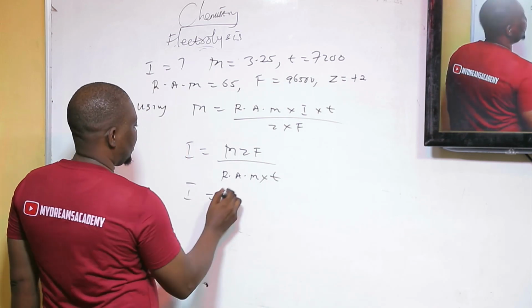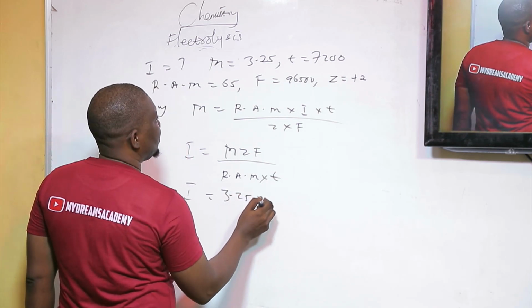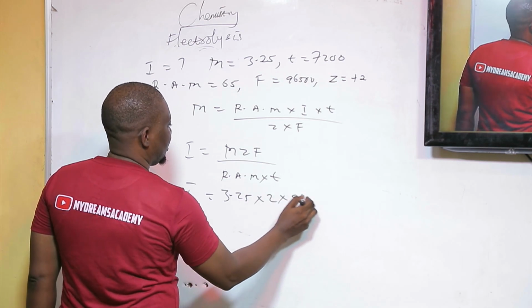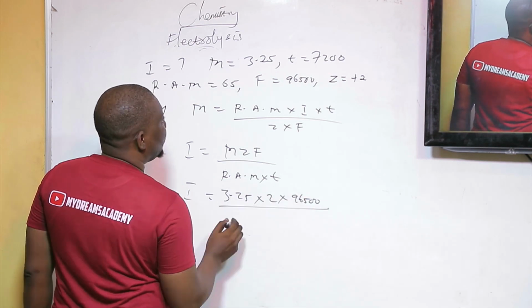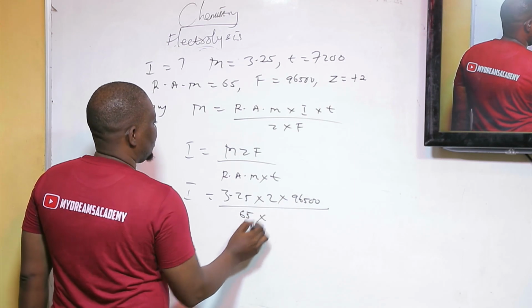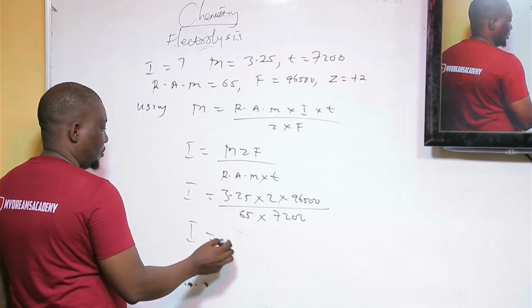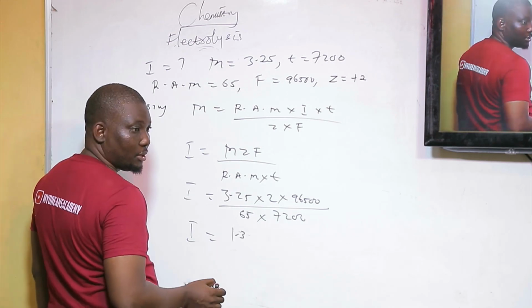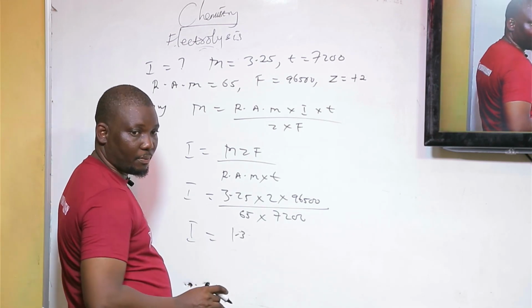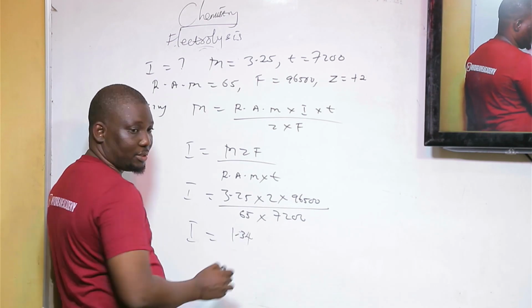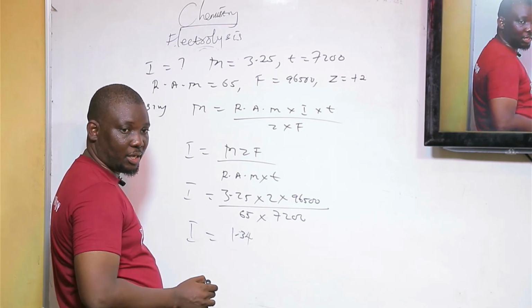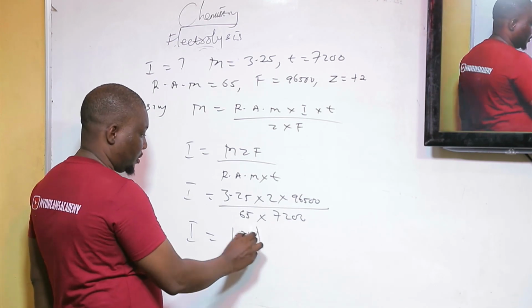M is 3.25, times 2, times 96,500, upon 65 times 7,200. So what do you have as I now? I think 1.34. Make sure your answers are always in 3 significant figures. 1.34 amperes.